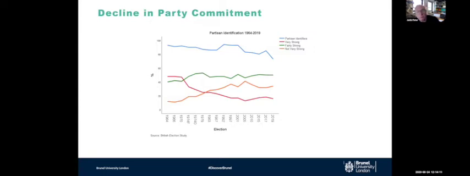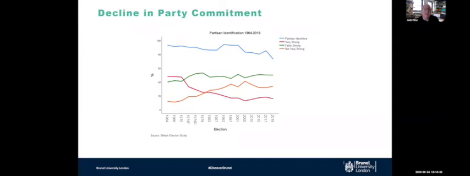The first important bit of information is the blue line, this line at the top here. And this tells us what proportion of the electorate say that they lean towards one party or another. In other words, if they were asked which is your favorite party, they would have an answer to that question.